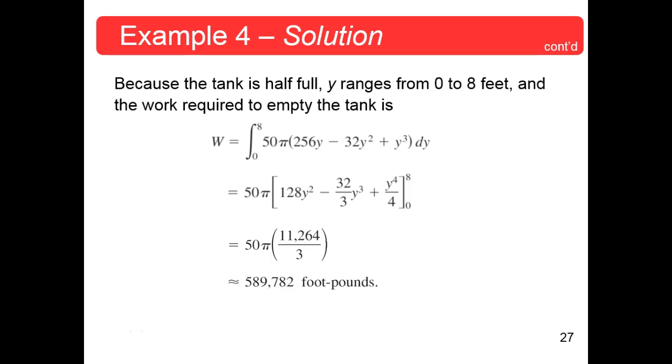Now here's what I was going to say. If this was a physics class, this makes almost no sense. Having that many digits makes no sense, because in the original problem we were told 8 feet, 50 pounds.